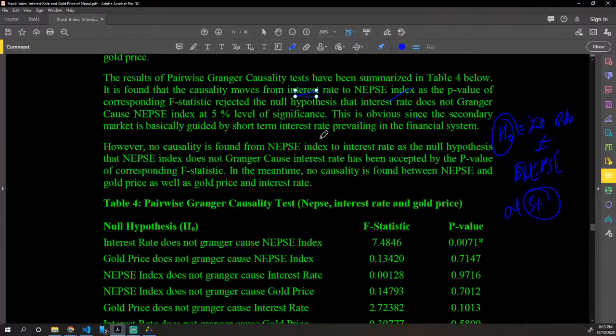Basically it was significant, right? This is obvious since the secondary market is guided by the short-term interest rate prevailing in the financial system.